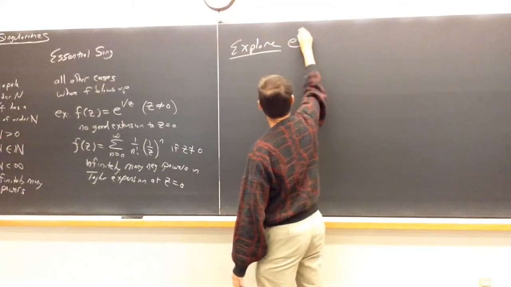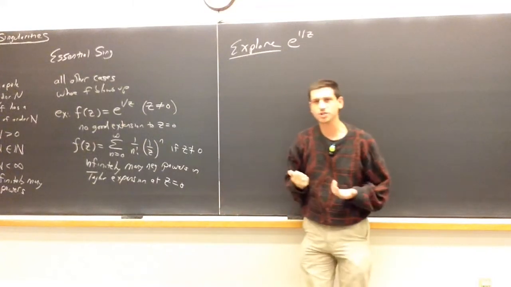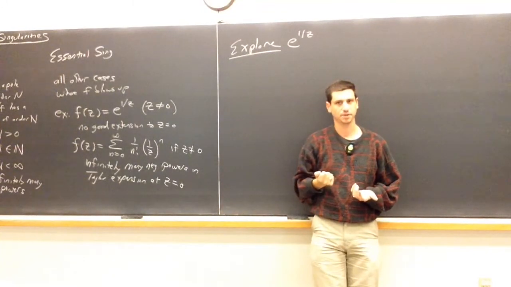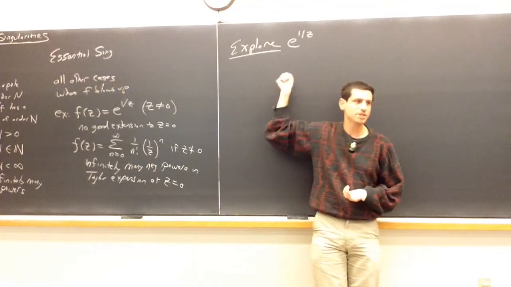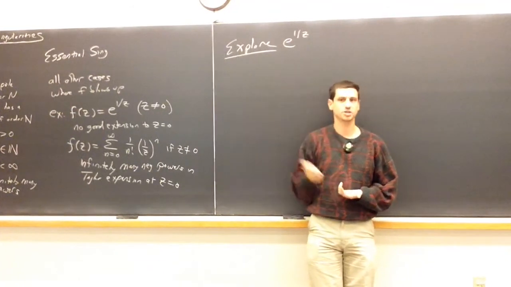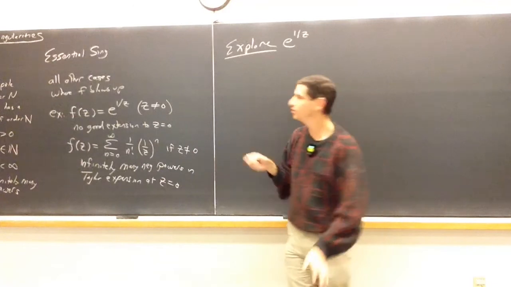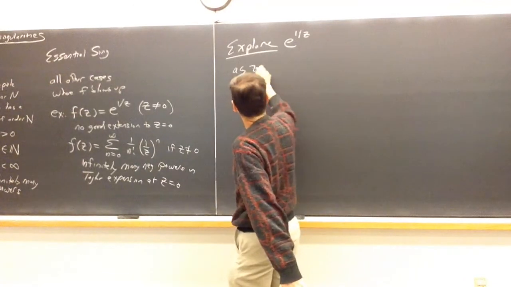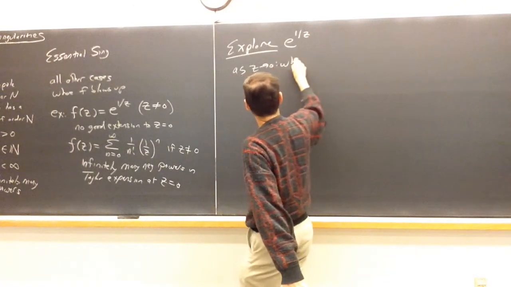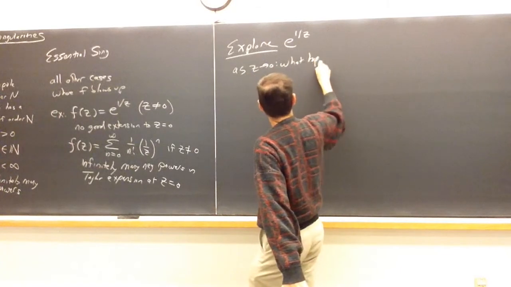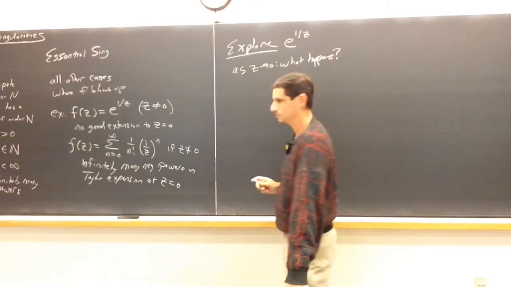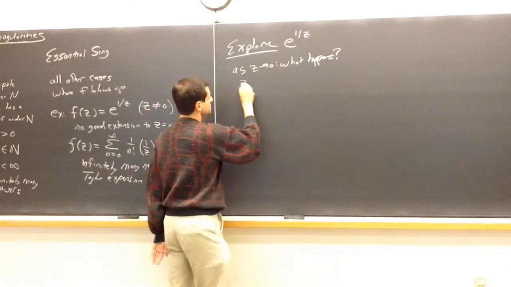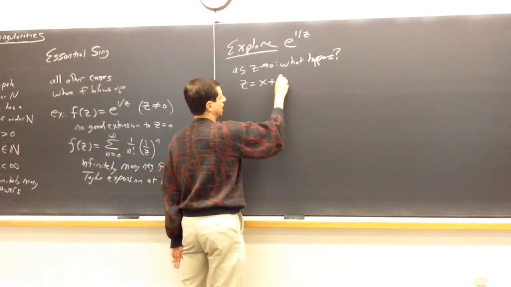So let's explore e to the 1 over z. Let's get some intuition as to what this function looks like. The only place where this function is interesting is as z goes to 0. So let's try to figure out what happens as z goes to 0. Well, z equals x plus iy.